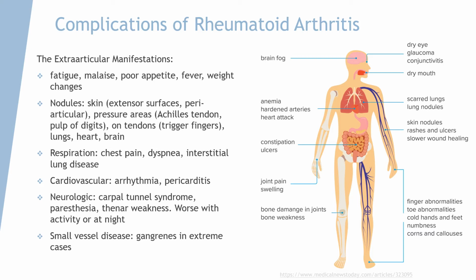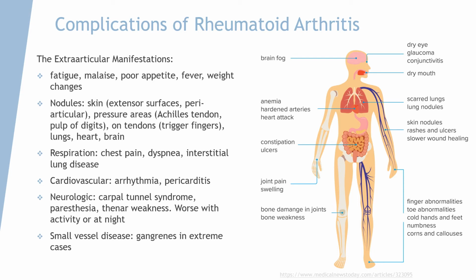These are just some of the symptoms that may be seen with this disease, and these manifestations do not have to be present for the patient to be diagnosed with rheumatoid arthritis. But that being said, some of the extra-articular manifestations include systemic and B symptoms like fatigue, malaise, poor appetite, fever, and weight changes.